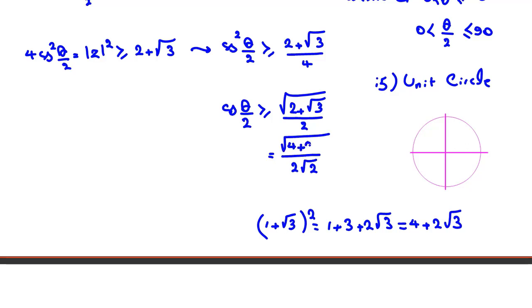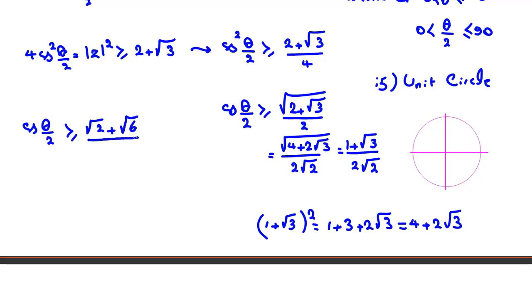So it will be 4 plus 2 root 3, and if you use this part, it will be 1 plus root 3 over 2 root 2. And then we can say cos theta over 2 is greater than or equal to this. You can also rationalize: root 2 plus root 6, multiplying both numerator and denominator by root 2, over 4.